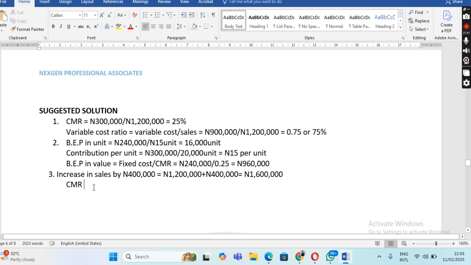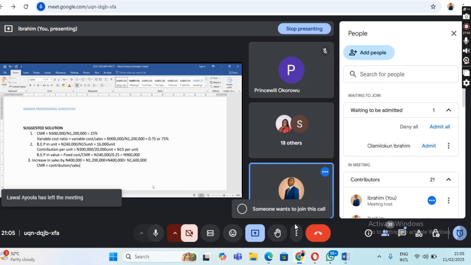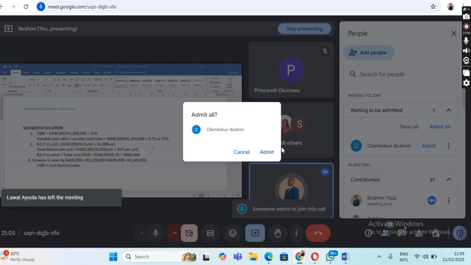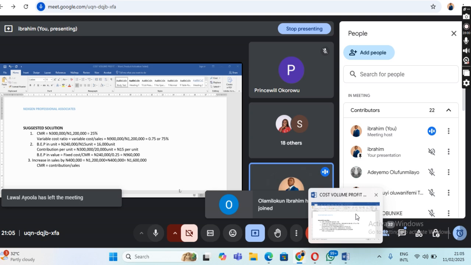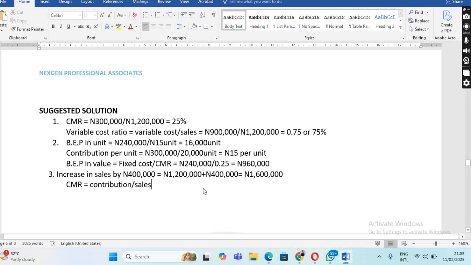CMR is equal to total contribution divided by sales.